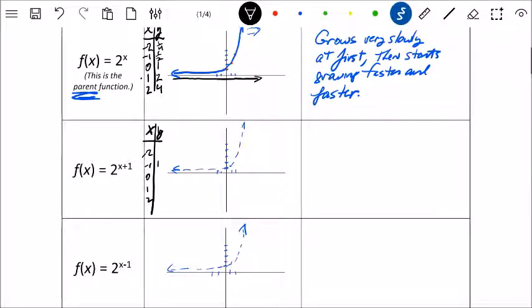So notice that we went from 0 to 1, which places us here. That's -1 and 1 is where we're at, approximately there. If we put 0 in there, we get 2 to the first power. So that means we're actually going through the y-axis here.